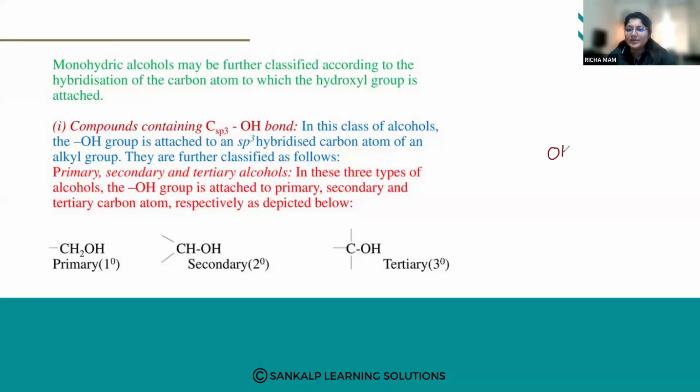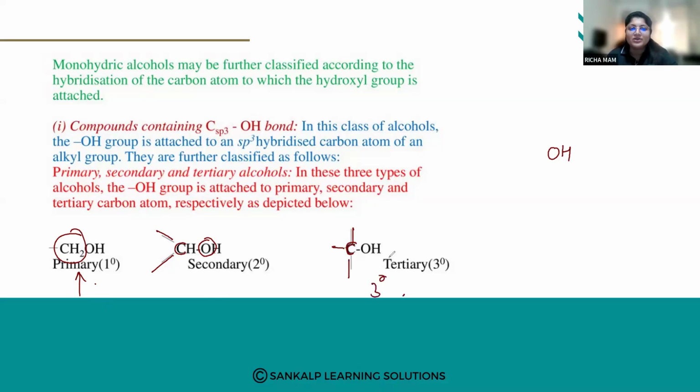When the OH group is attached directly to a carbon attached to one other carbon, it is a primary carbon. If the carbon is attached to two other groups, it is a secondary carbon. If it is attached to three groups, it is a tertiary carbon.